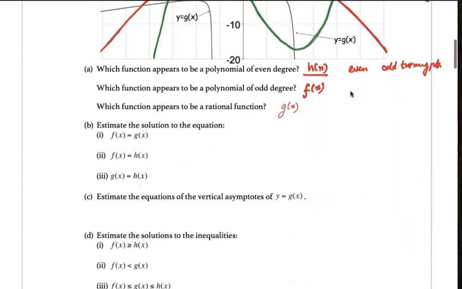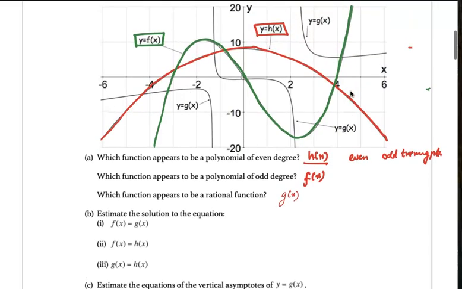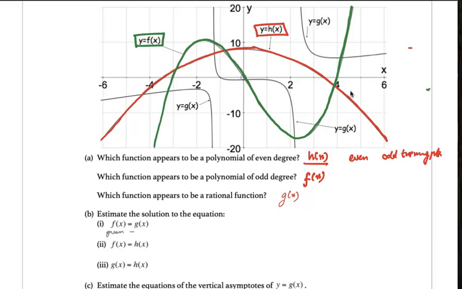Now, estimate the solution of f(x) is equal to g(x). What do you mean by f(x) equal to g(x)? You're equating two equations. So what will your answer be? Where they meet. f(x) is green and g(x) is black, so green is equal to black where they intersect.